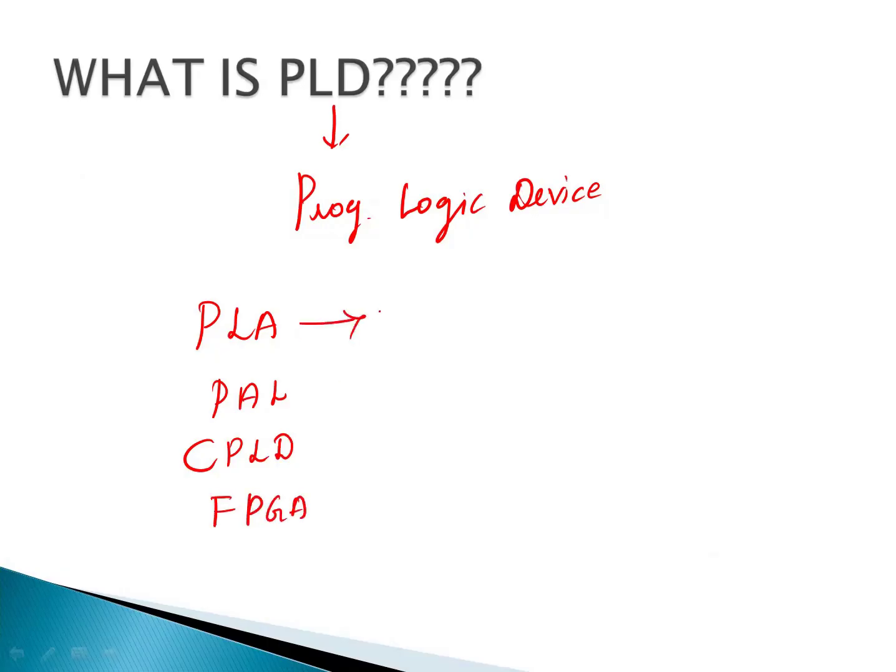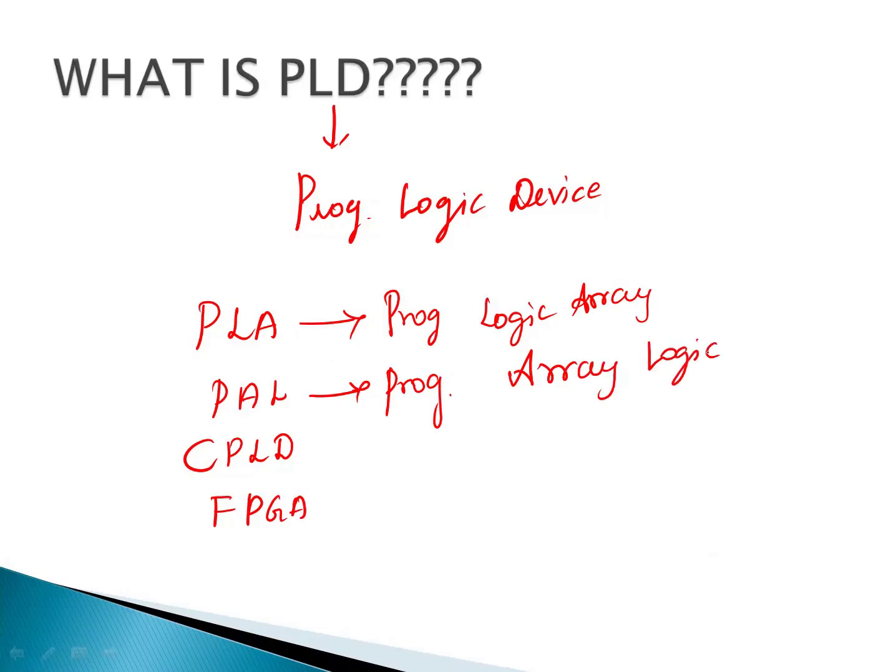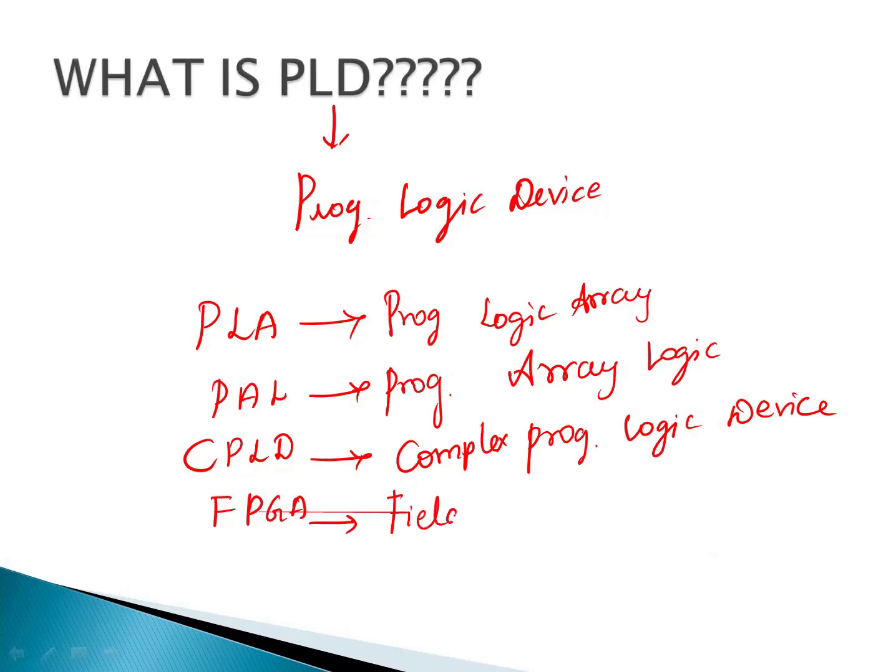PLA is programmable logic array, PAL is programmable array logic, CPLD is complex programmable logic device, and FPGA is field programmable gate array. In this video, our focus will be on the programmable logic array.